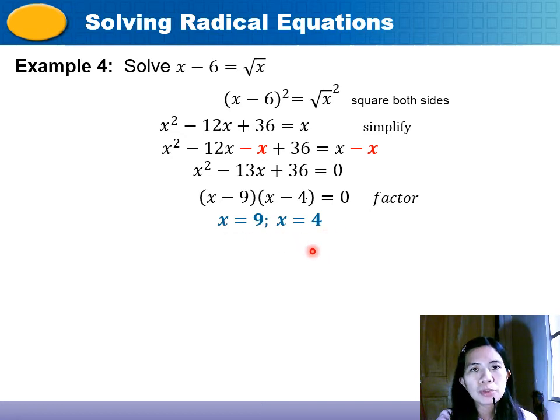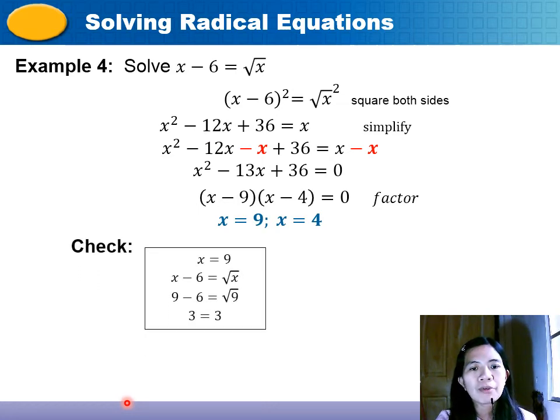From these two solutions, we are going to check whether these two solutions are true to our original equation. So let's check. If x equals 9, we are going to substitute: 9 minus 6 equals the square root of 9.